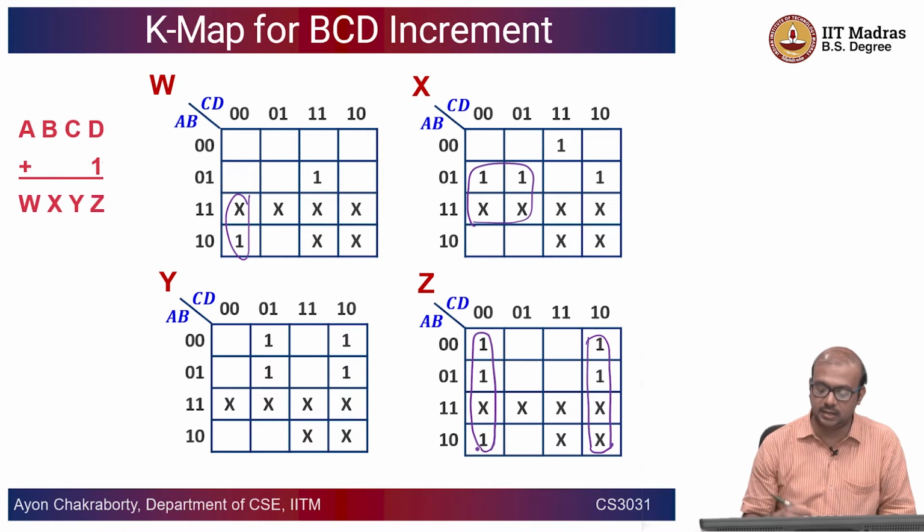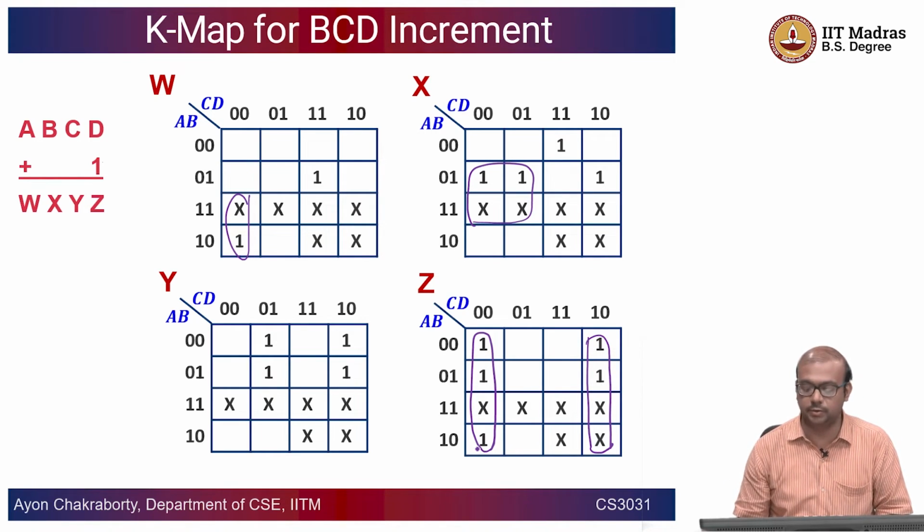If it is guaranteed that nothing is going to appear in that place, it is really a don't care condition, and you are not going to have any mandate whether you have to put a 0 or a 1 based on the truth table. Since that mandate is not given, you just assume 1 or 0, that flexibility has been given to you, and you keep on circling those items, right, okay.